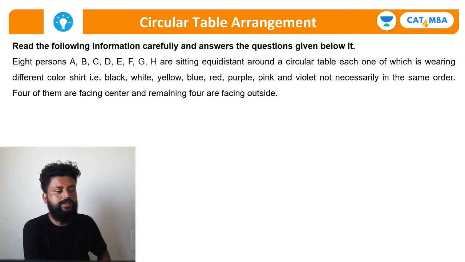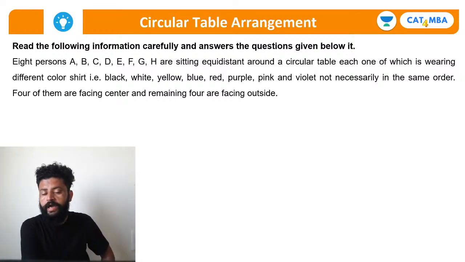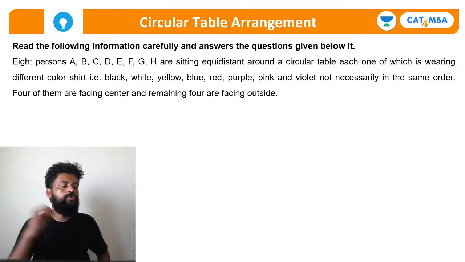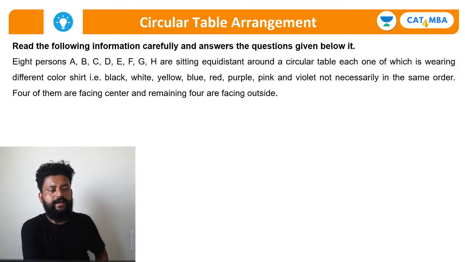Again, this is going to be a highly logical and a bit lengthy question, you can say simply, logical and lengthy at the same time. So we have too many possibilities to be careful with now. 8 persons A, B, C, D, E, F, G, H are sitting equidistant around a circular table, each one of them wearing a different color shirt.